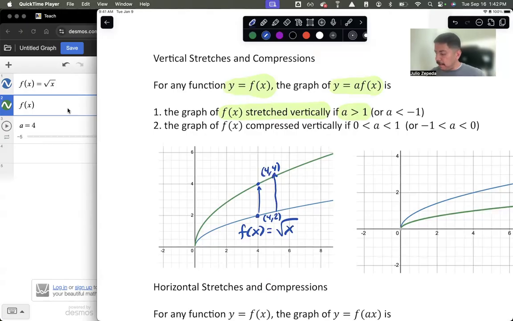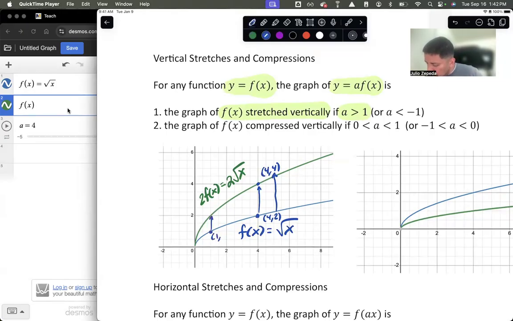The way that happened was modifying f of x to be 2 times as large, 2f of x. So that would look like 2 square roots of x. That function is graphed there in green. Hopefully you can see that it's shifted to be twice as tall.